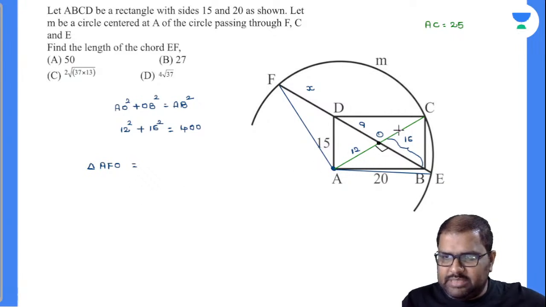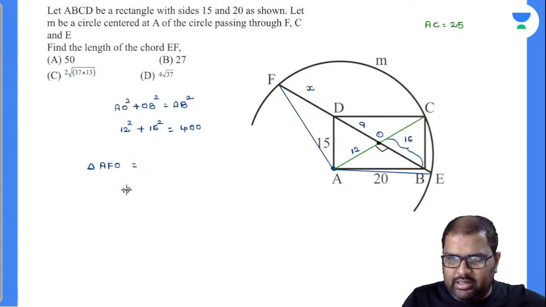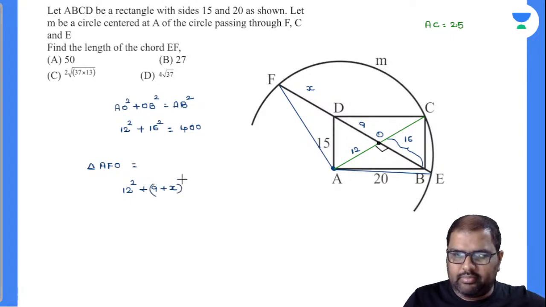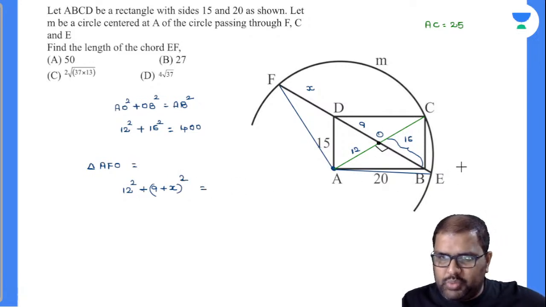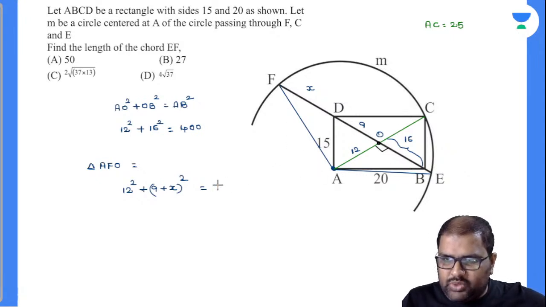This is the perpendicular side, 12 square plus 9 plus X whole square, and the same thing will be applicable here also. Will you accept with me?